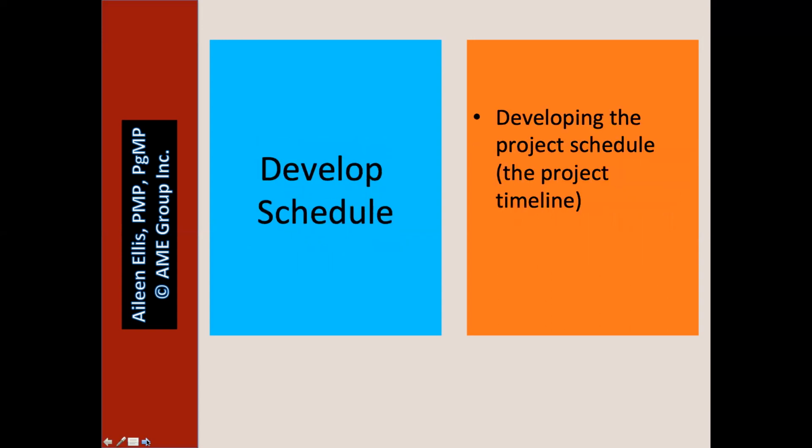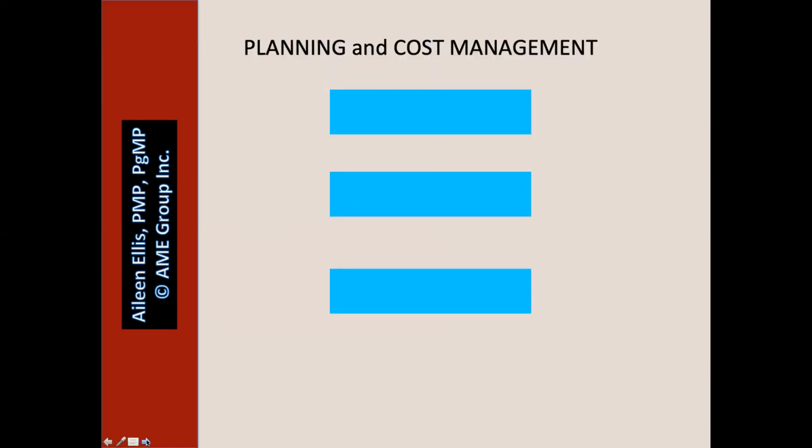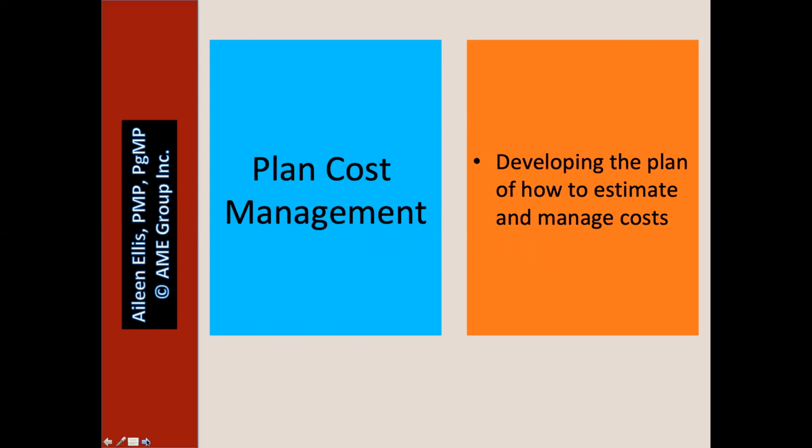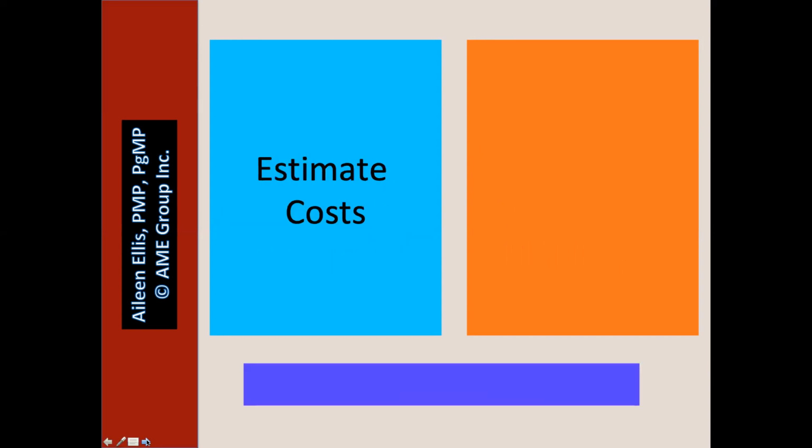Develop schedule. Developing the project schedule, meaning the project timeline, and eventually developing the schedule baseline. When we think about planning and cost, plan cost management, estimate costs, determine budget. Plan cost management, developing the plan of how to estimate and manage costs.